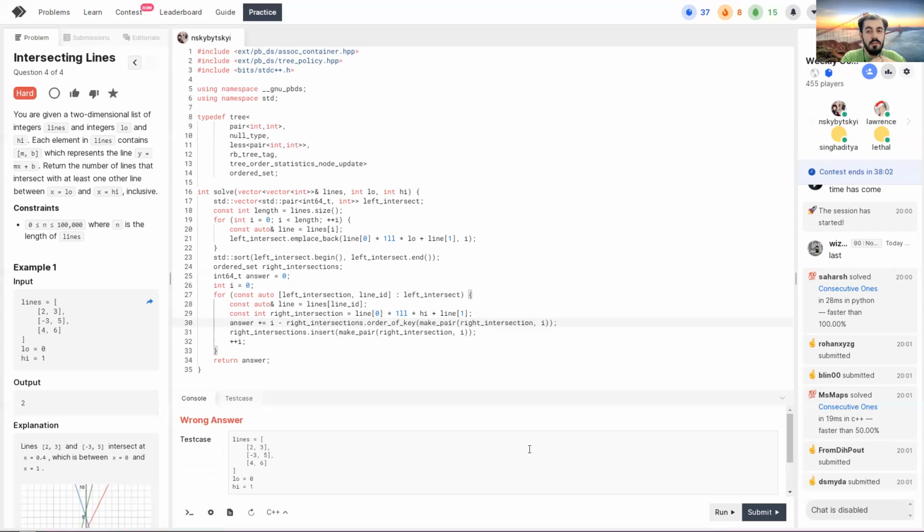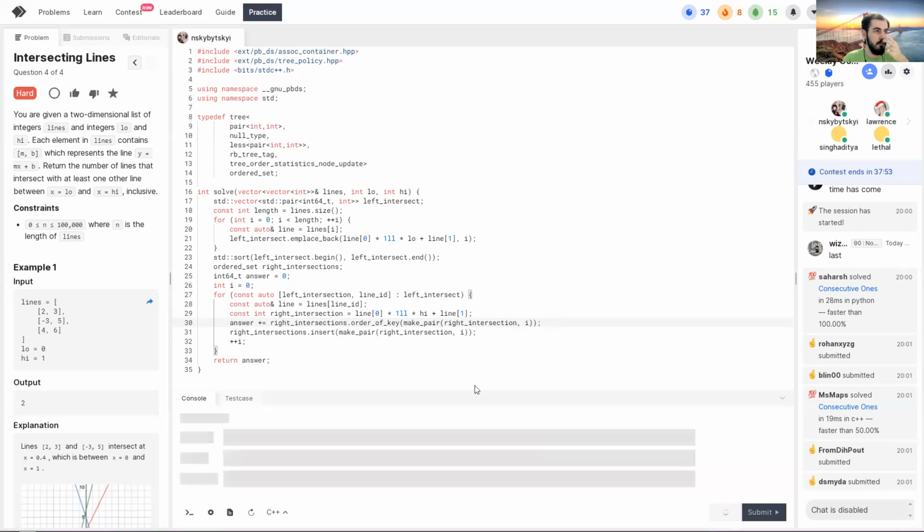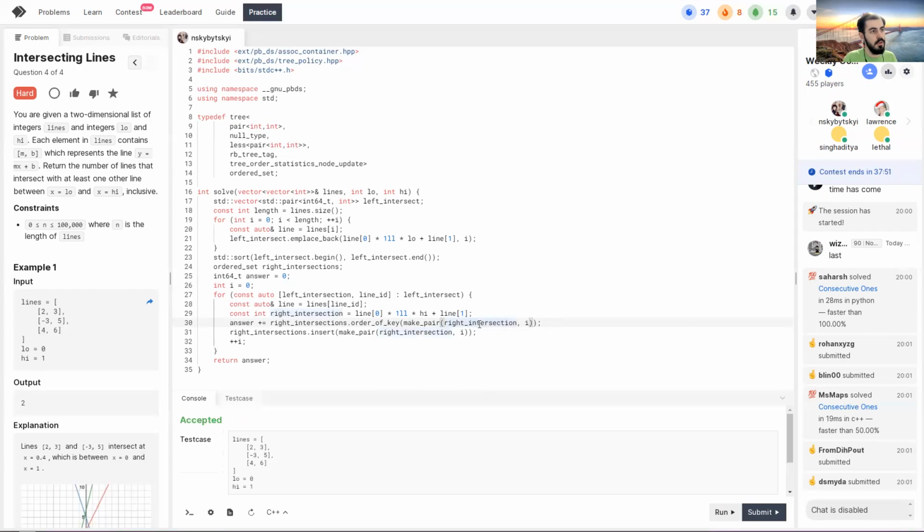We compute its right intersection. It's above all. Yeah, let me just print this thing. Know what line we are talking about.